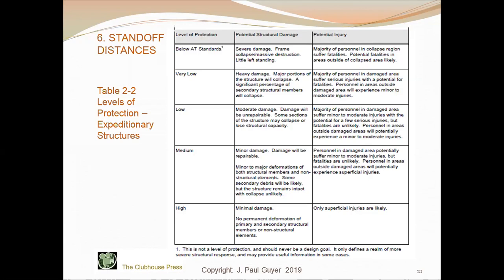And so the levels of protection are described in column 1, the potential structural damage described in the middle column from severe through minimal, and then the potential injuries that may occur to building occupants.